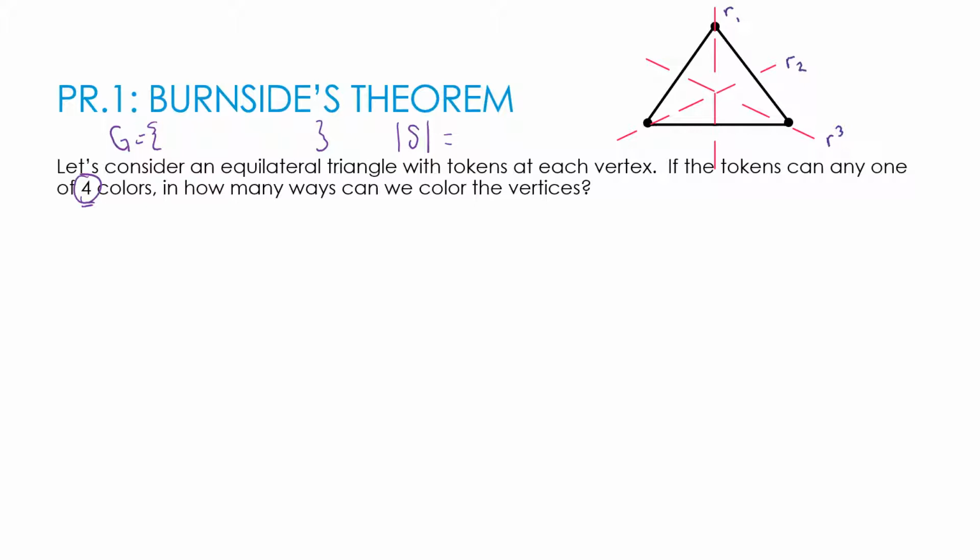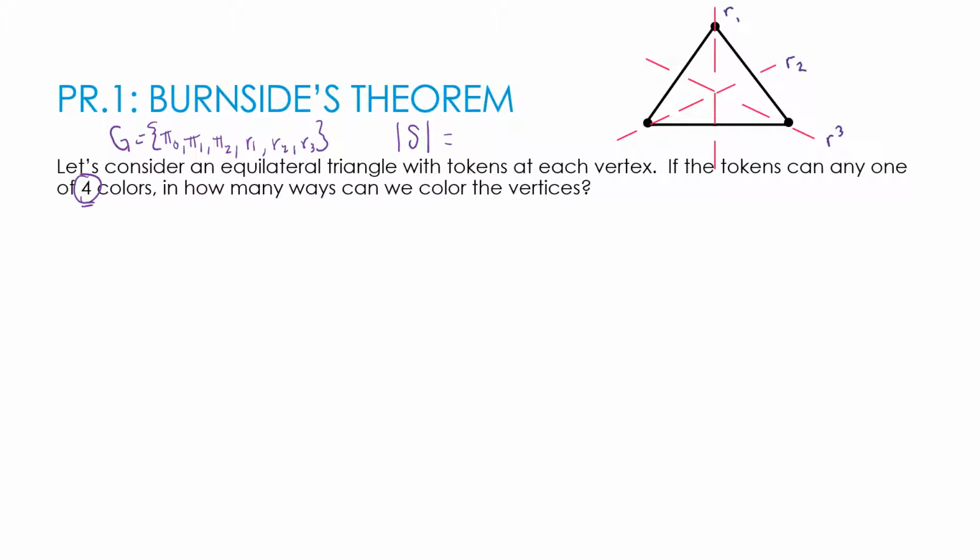So hopefully you came up with the fact that because it's a triangle, I can go not at all, I can go 120 degrees, I can go 240 degrees, I can go 360, which is back to 0. So there's 3 rotations, and then reflections. Obviously I cheated a little bit and gave you those already, R1, R2, R3.